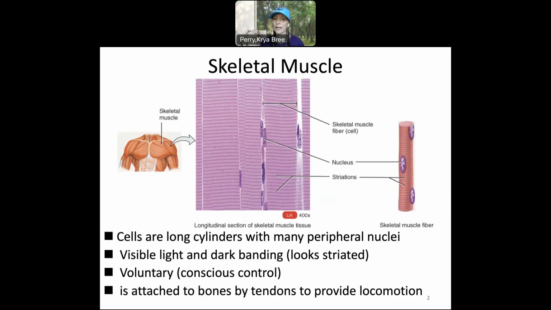So muscles connect to the bones via tendons, and again, it will provide locomotion of your skeletal system. So when you're contracting things like your biceps, you're able to move your forearm closer to your shoulder and then away, and we're going to get into what those actual terms are, flexion and extension and all that, when we get into the muscular system. So that's coming. Fun stuff, though.